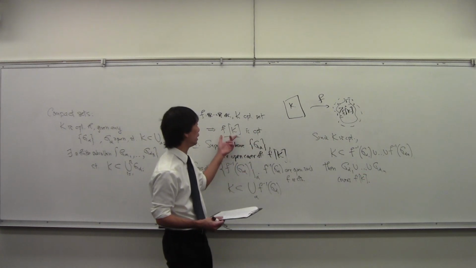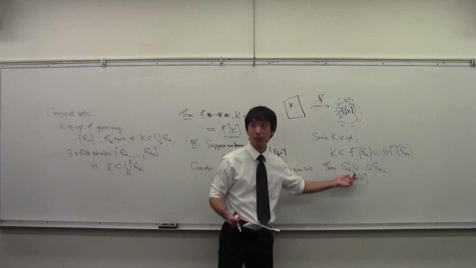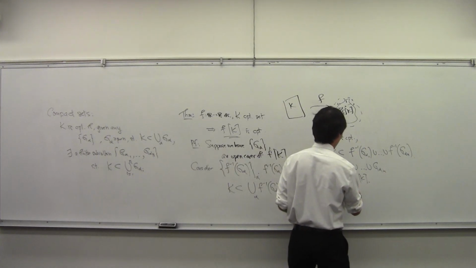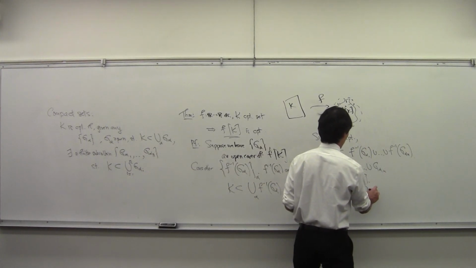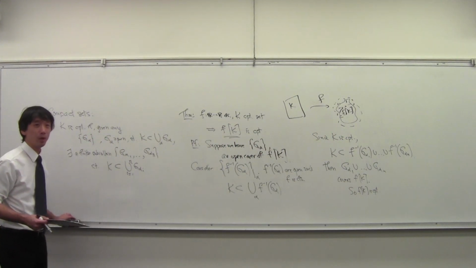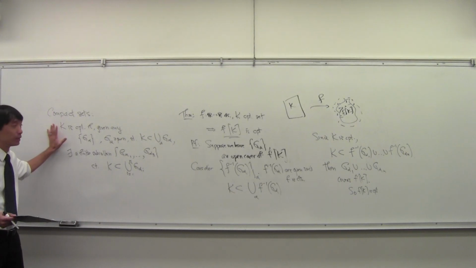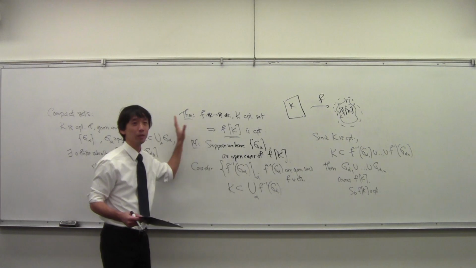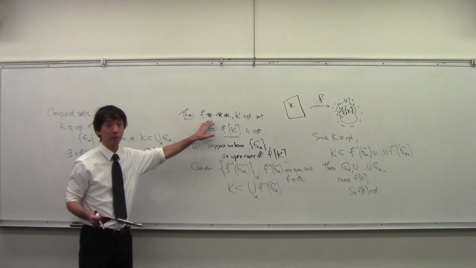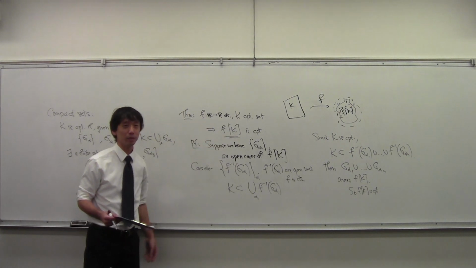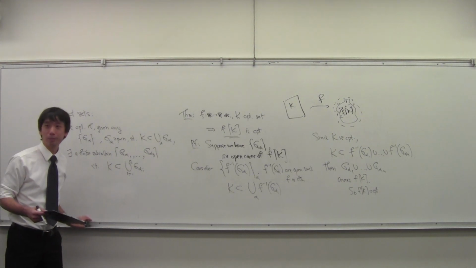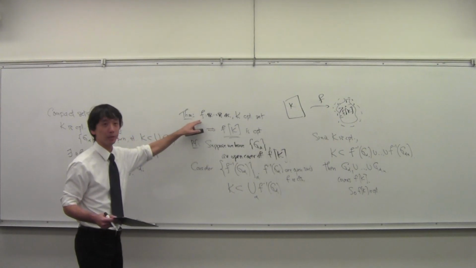And so we started from our open cover, and we ended up with a finite subcover. So F of K is itself compact. All right, we're just remembering what compactness means, and then doing the homework problem, showing that if you have a compact set and a continuous function, then the image of that compact set is itself compact.